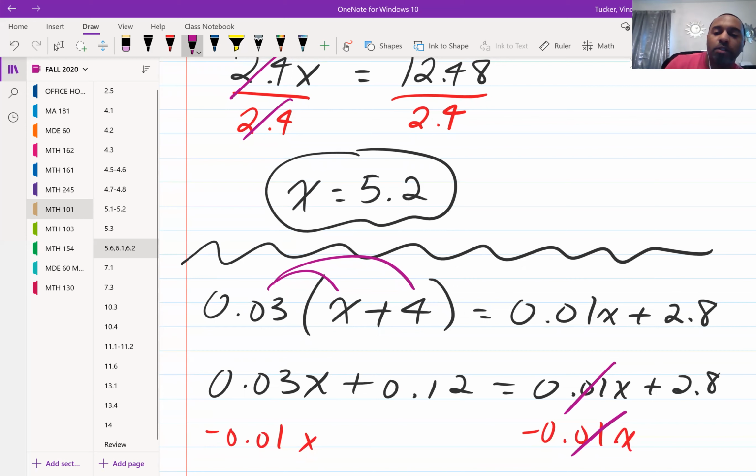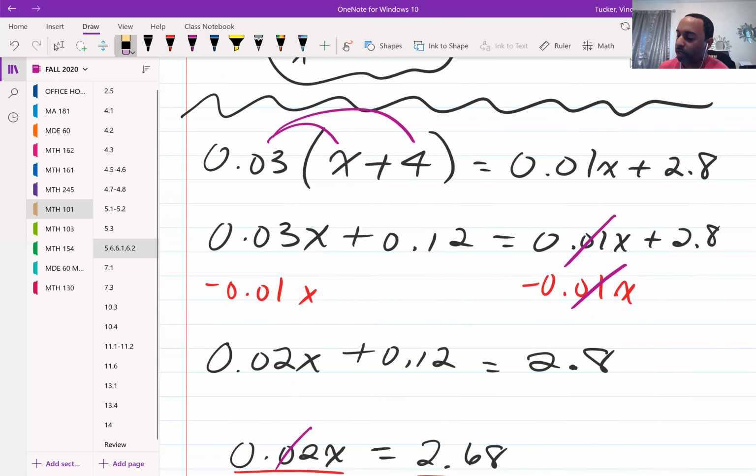So I decided to move that 0.01x to the other side by subtracting it from both sides. That gives me 0.02x plus 0.12 equal to 2.8. Now subtract 0.12 from both sides.